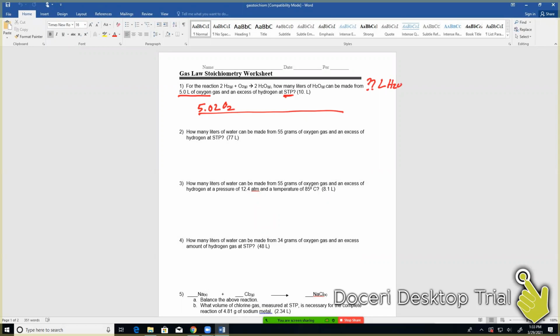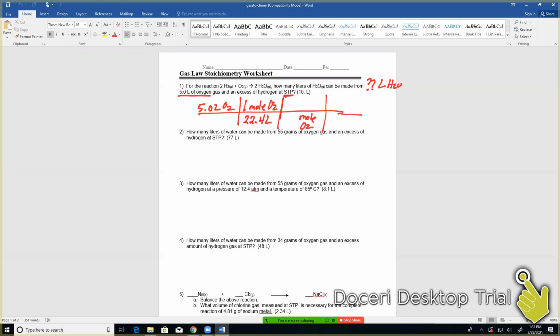So I have 5.0 liters of oxygen. Anytime I have liters and we're at STP, then we're going to use 22.4 liters per 1 mole of oxygen. Then I continue to follow my units. If I'm moles of oxygen here, I have to be moles of oxygen down here.